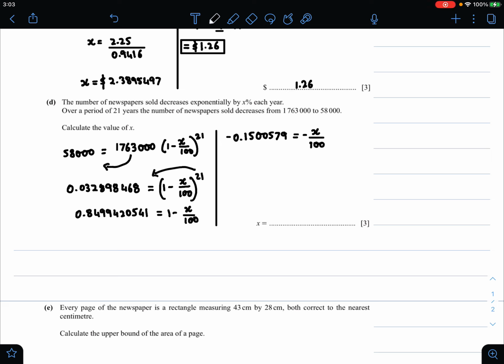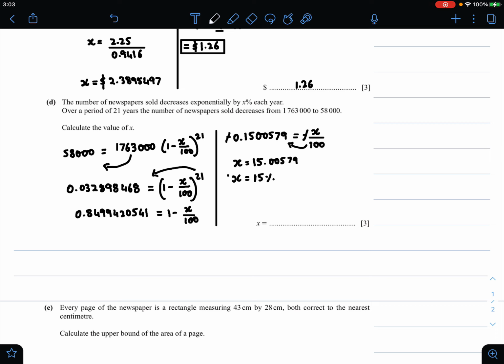Now we can cancel the negative and the negative, and we can take 100 to the other side of the equation. Yes, 100 to the other side, so it will become multiplication, and therefore x will be equal to 15.00579. And since we need our answer in 3 significant figures, your final answer would be 15%.